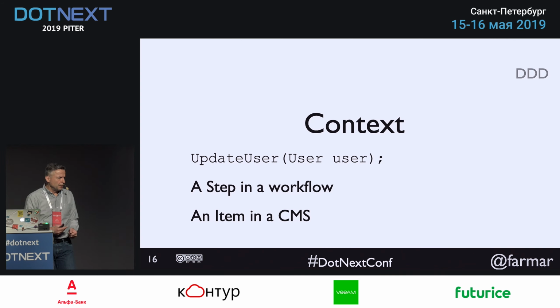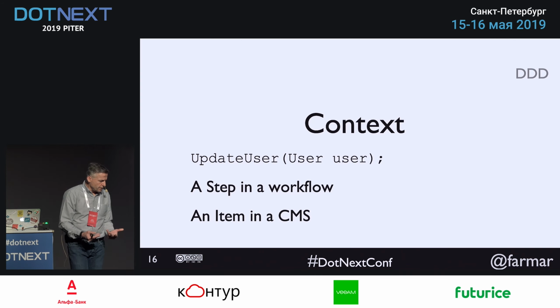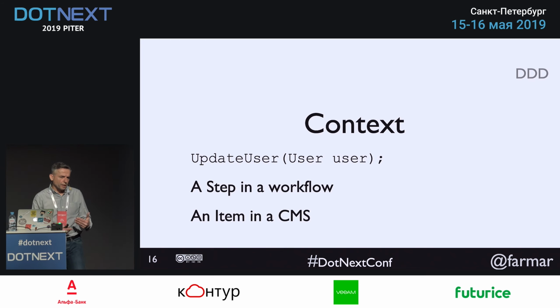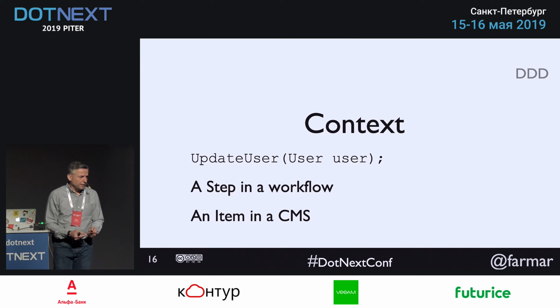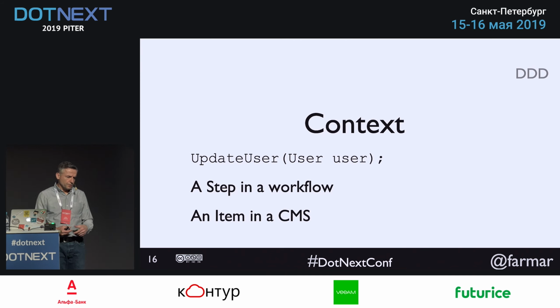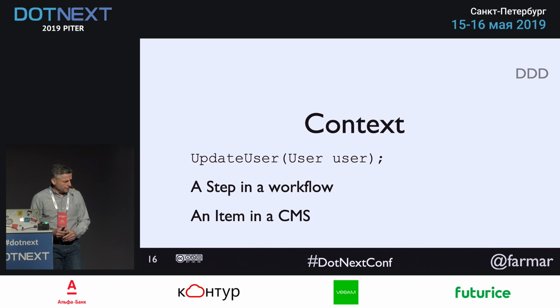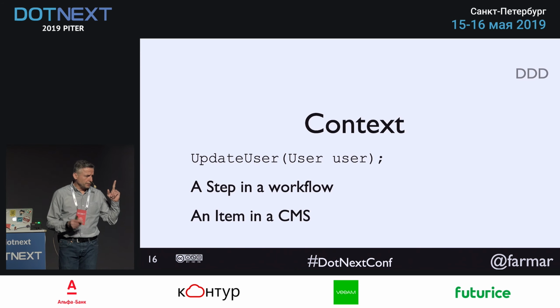And many people would tend to build, including myself, like the example of item in a CMS. I had a database for my CMS, my content management system. This was back in the 90s, so forgive me. In this database, I had an item and a type.